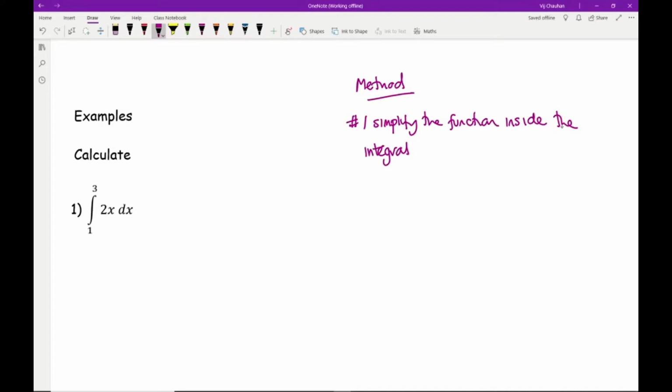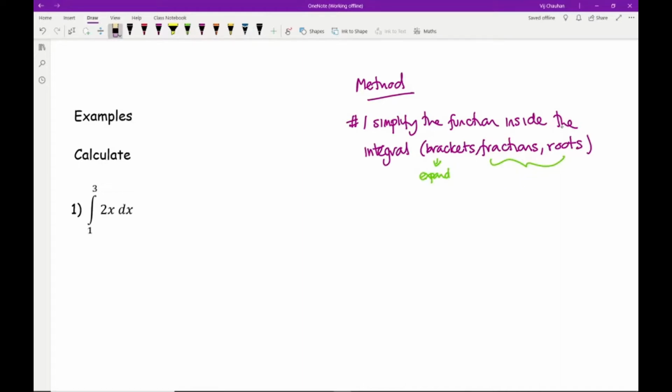It's only a case of if I had brackets, fractions and roots, then if I've got brackets, expand them. If I've got fractions, write them using indices, and if I've got roots, write them as indices. And in fact, let me just write that down. So if I have brackets, expand. If I have fractions or roots, write as indices, or using indices I should say.